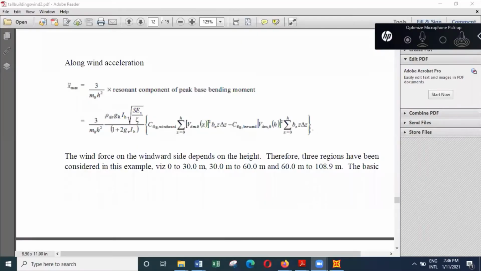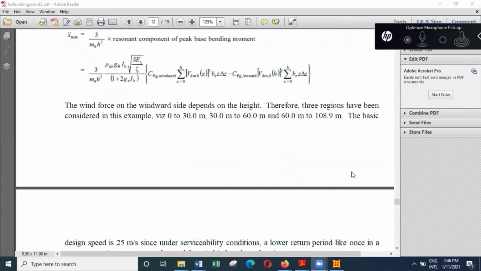So now we'll see how to do this calculation. The wind force on the windward side depends on the height. Therefore, 3 regions have been considered. In this example, 0 to 30, 30 to 60, 60 to 108.9.